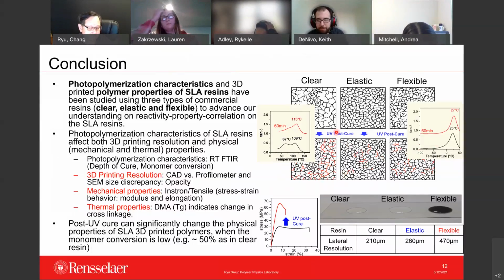And then from there, we can predict how much post-curing would change the mechanical properties. We also looked at the resolution of these three resins, and it is determined by several factors, but resin chemistry is a big factor in this.